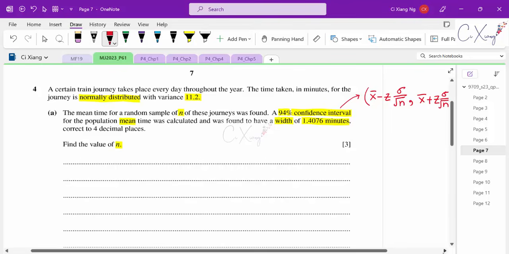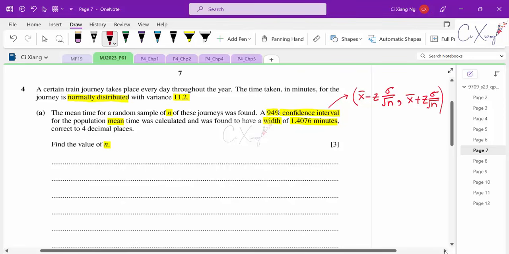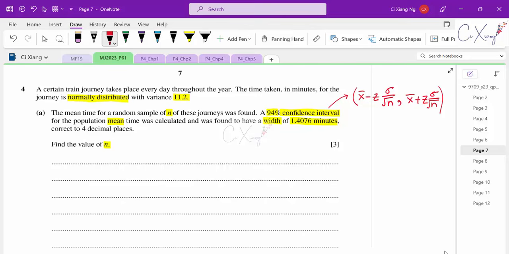This is the general formula for the confidence interval for population mean. And then what's the formula for the width? To calculate the width for the confidence interval, we take the upper limit minus the lower limit.